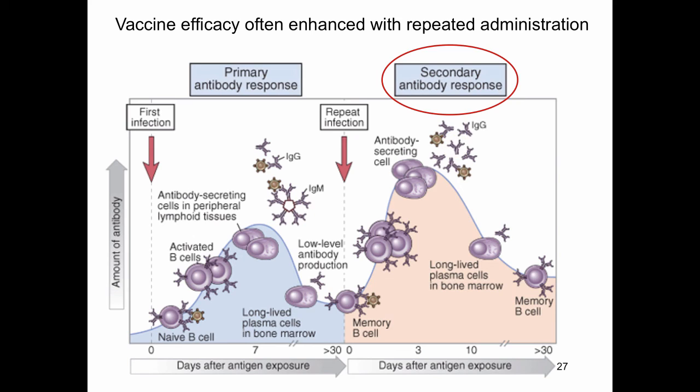And this is really characteristic of a secondary antibody response, where you get a lot of IgG produced. And not only do you get a lot of IgG produced, but that IgG antibody is often of higher affinity for the antigen because of the affinity maturation events that occur in the germinal center.